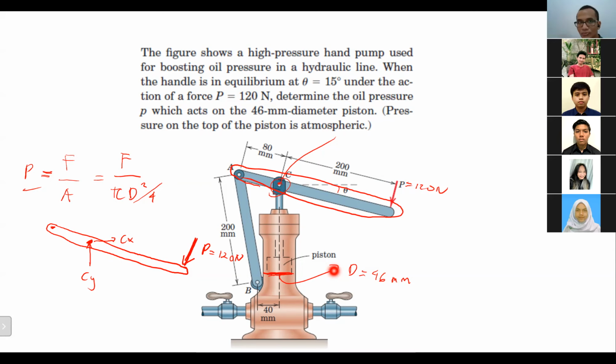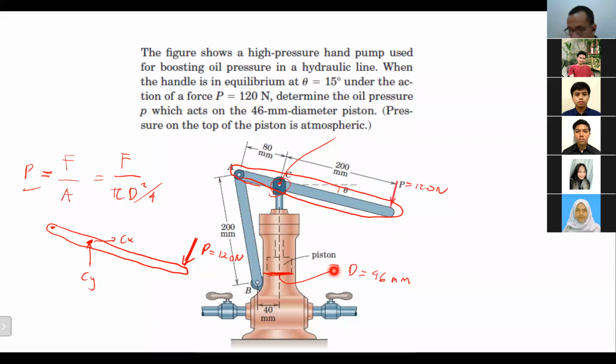You guys need to remember that the first rule to solve frame and machine problems is to find out which one is the two-force member, because by finding the two-force member, you can simplify the problem. How to simplify it?